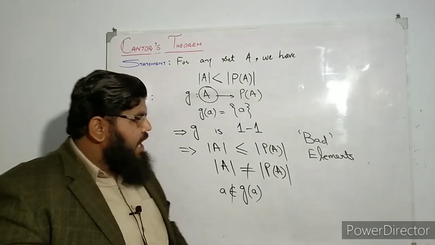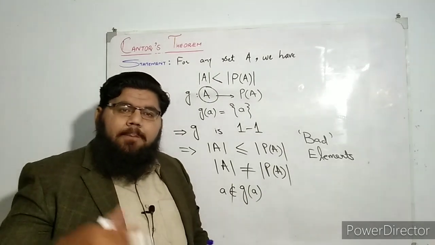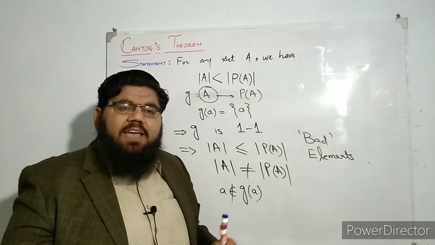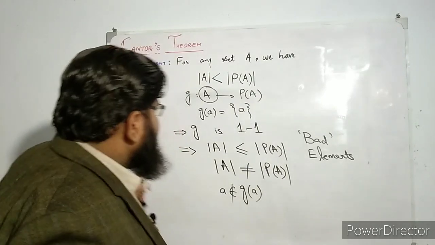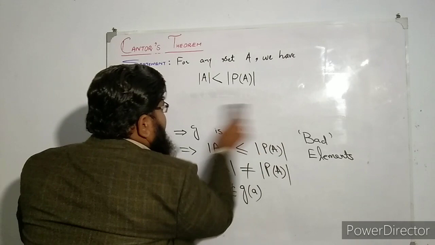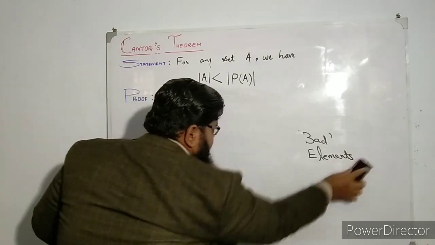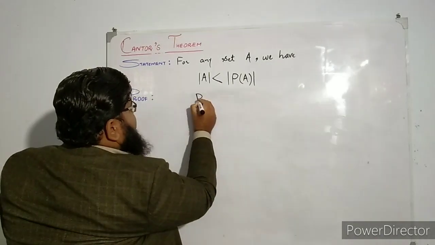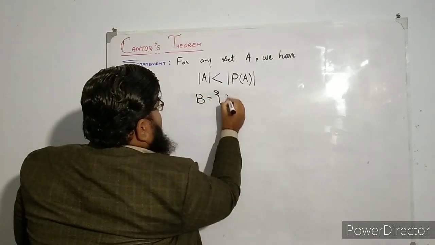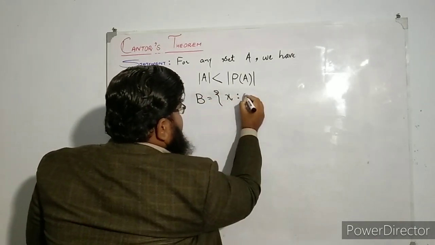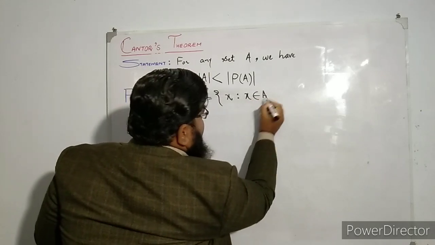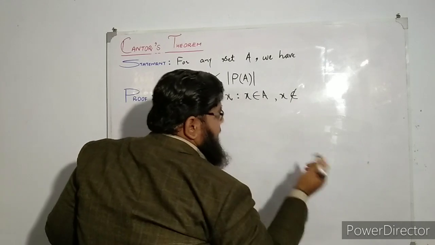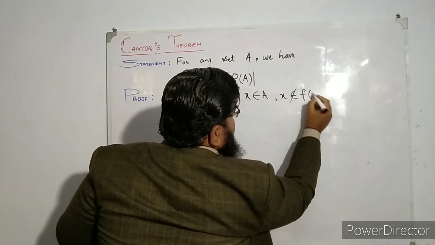Okay, and now if we take all the bad elements in this set A and make them another set, this set will be called B. So our new set B is containing all those elements X from A which are not a part of their image.